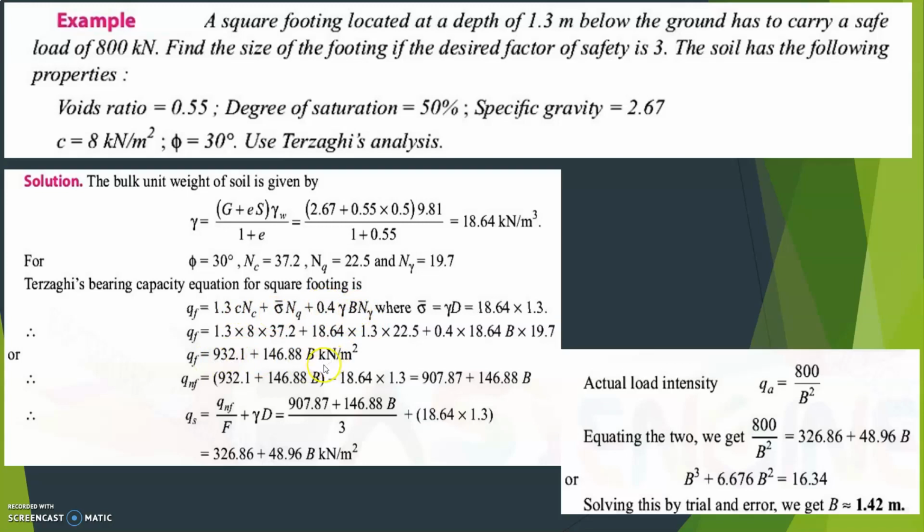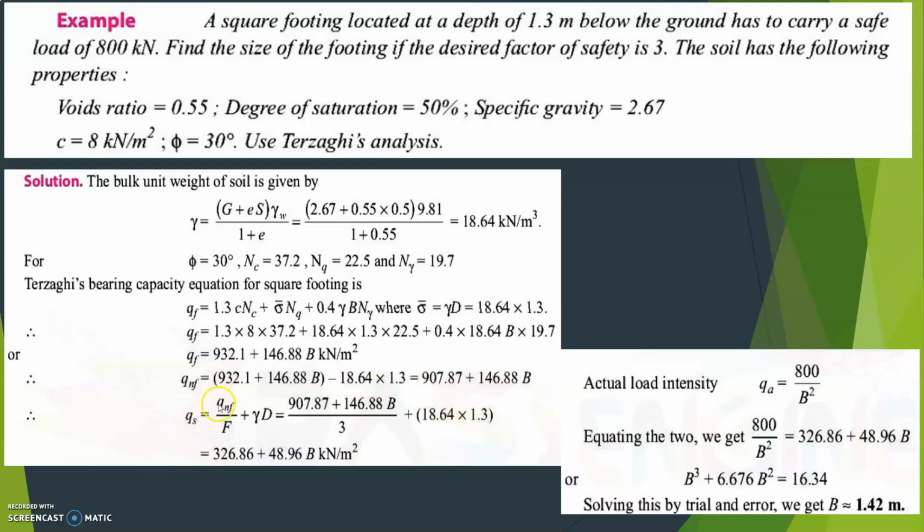Now we know QNF, net ultimate bearing capacity, is equal to ultimate bearing capacity minus gamma into D. Substitute this value, minus gamma is 18.64 into D, depth of the foundation, given as 1.3. So you get this answer. Now what is safe bearing capacity?